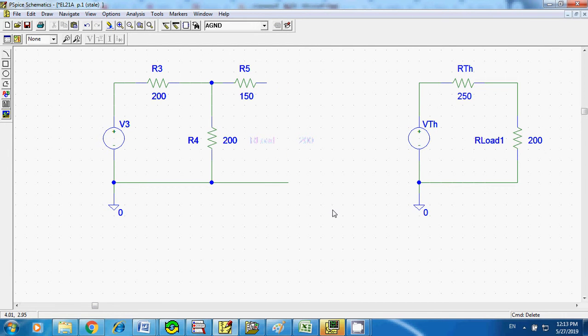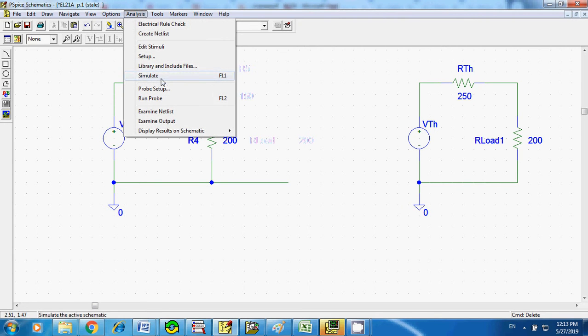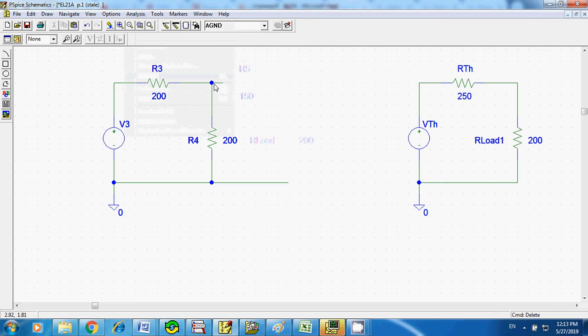So you look for V at this point or at this node, but this may not allow you to have floating components. So what I'm going to do, I already have V open circuit, so I'm looking for V at this point or at this node.